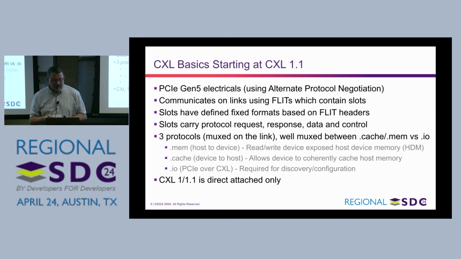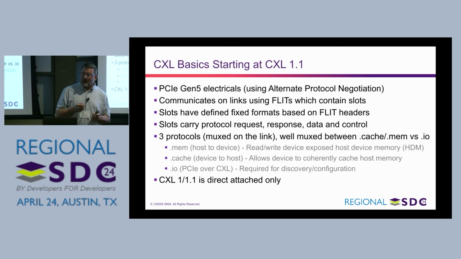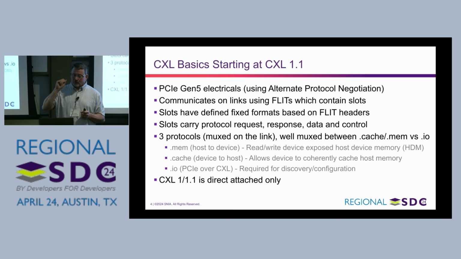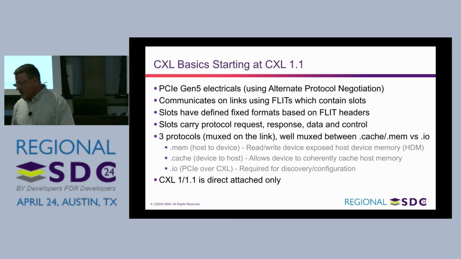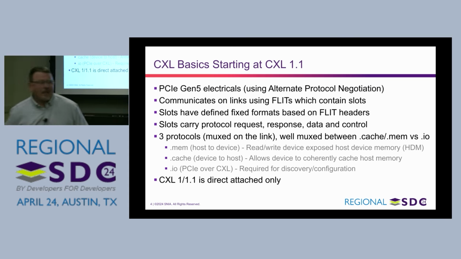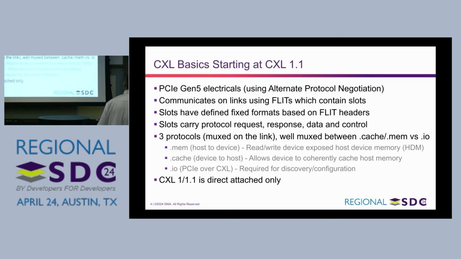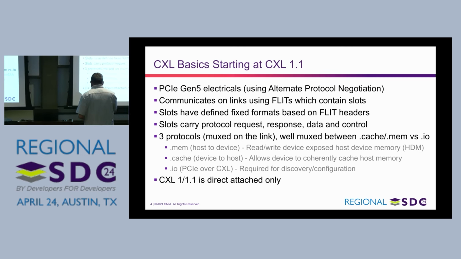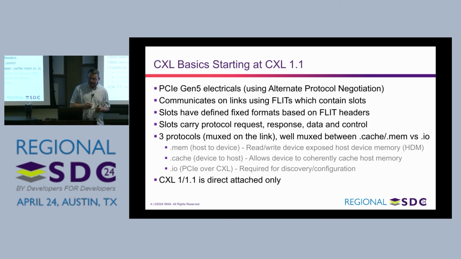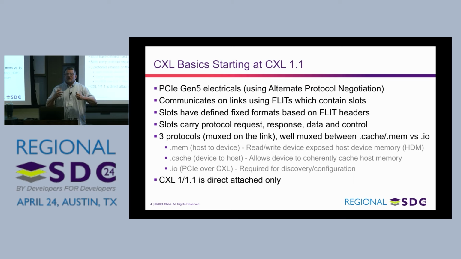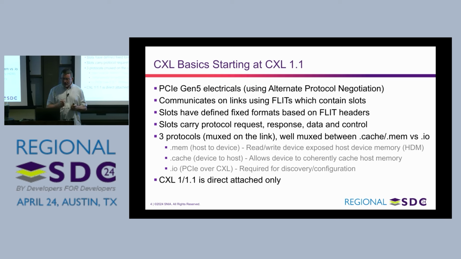So then we have these three protocols. .mem is for reading and writing device-exposed memory. And then there's .cache, which is kind of the other direction, and that allows the device to participate in the system's coherency.